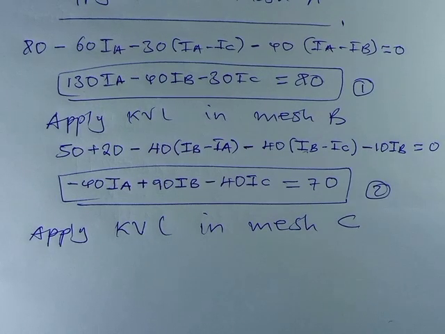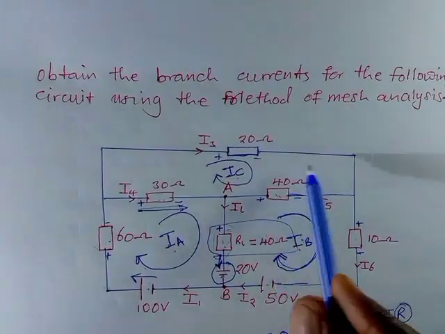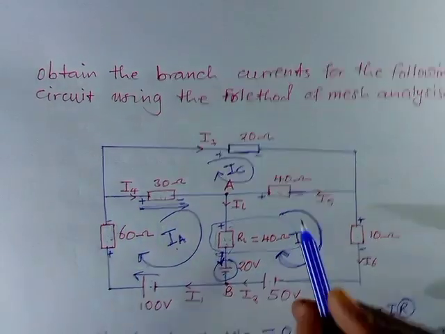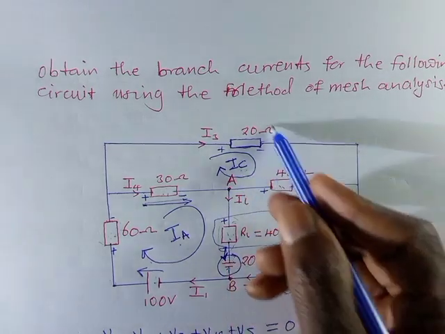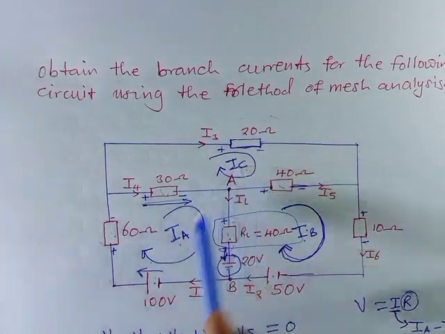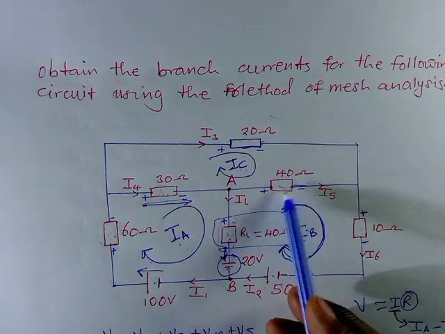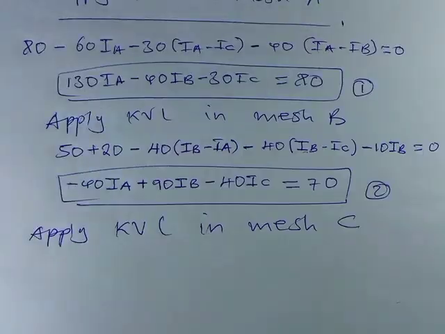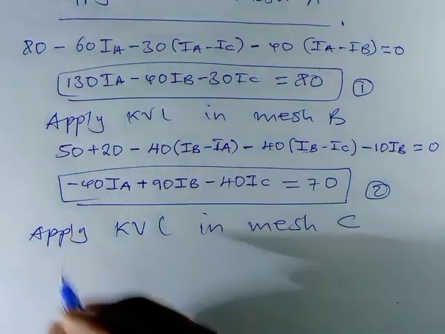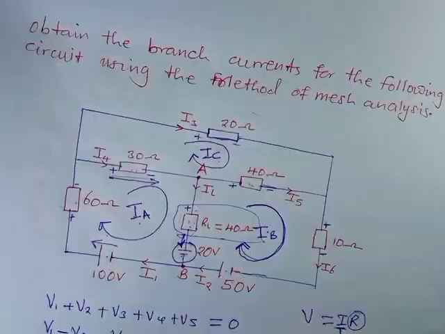The mesh we're talking about is the one where we are able to see this part. So since we are in mesh C, this one is going to have Ic only. Then for this, it must have Ic minus Ia. For that, it must have Ic minus Ib, if you are coming to the part of currents. So we are going to have, remember, we just have to put minus.